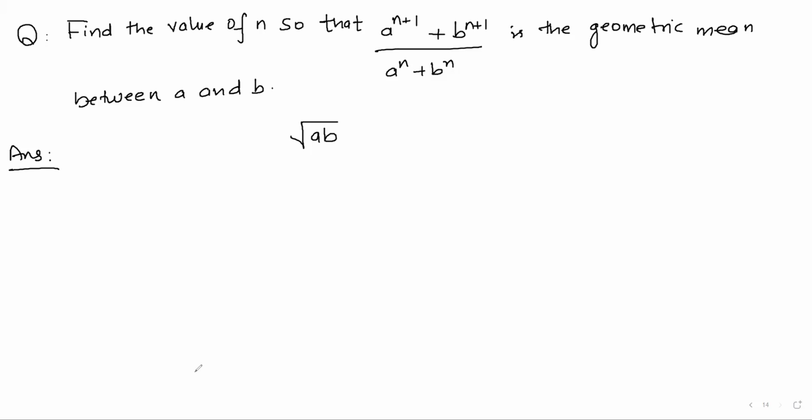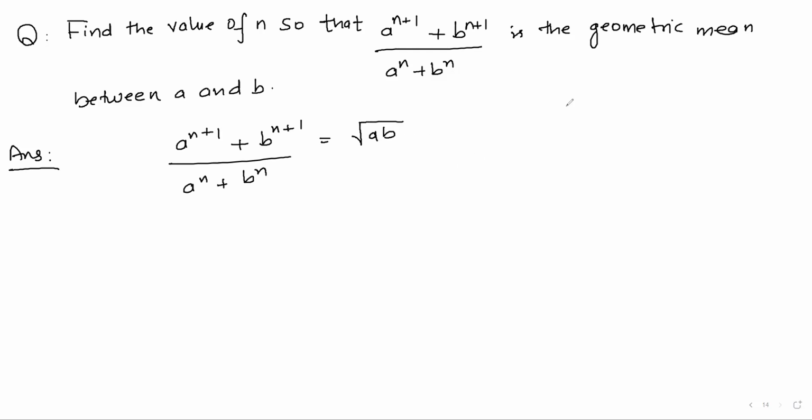सर एक बार स्टार्टिंग पे थोड़ा सा बता दो कैसे होगा? ओके स्पर्श, ये हमने AB में सेम क्वेश्चन किया था. So A to the power n plus 1 plus B to the power n plus 1 by A to the power n plus B to the power n is the geometric mean between A and B is equal to under root of AB.